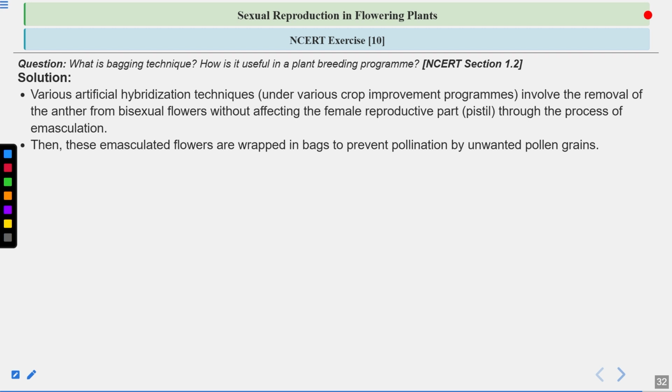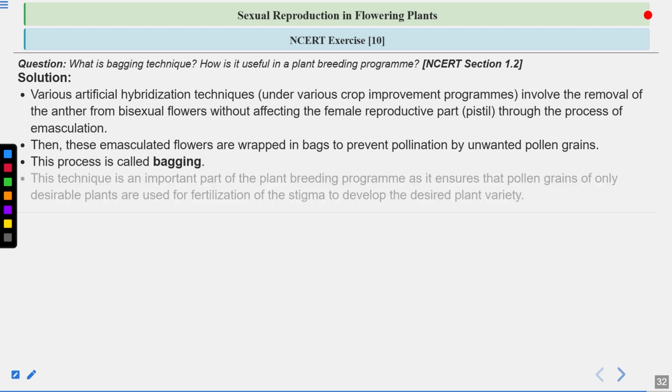To prevent pollination by unwanted pollen grain. Unwanted pollen grain could come with the help of some biotic or abiotic factors. So you will cover it up with the bag, and this is called bagging.